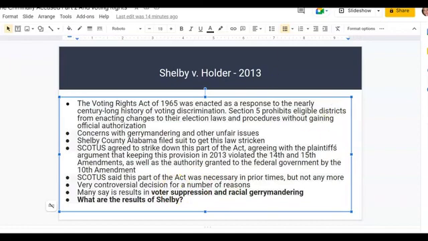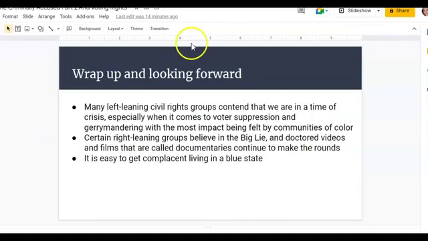So the results of the Shelby decision are coming into play and being more and more obvious with each passing day, and are continuing to be more and more obvious as we head into the 2024 election, and a lot of left-leaning civil rights groups amping up to the 2024 election are trying to change things.